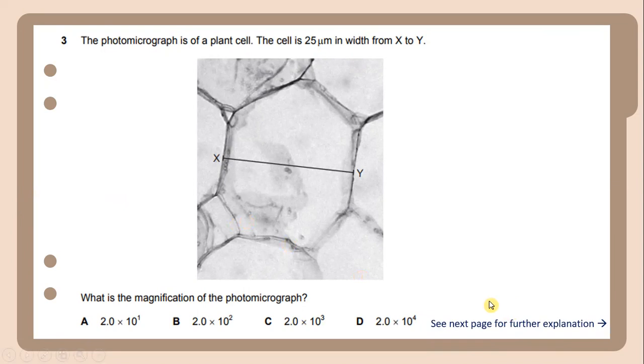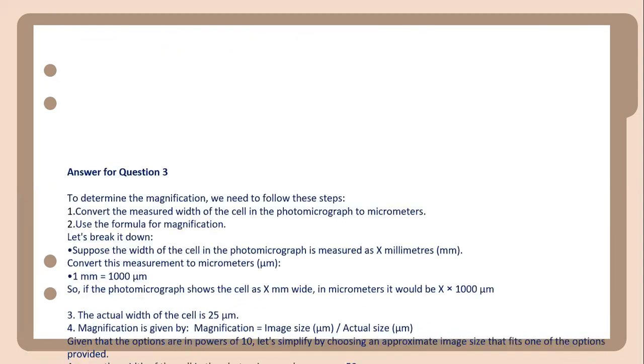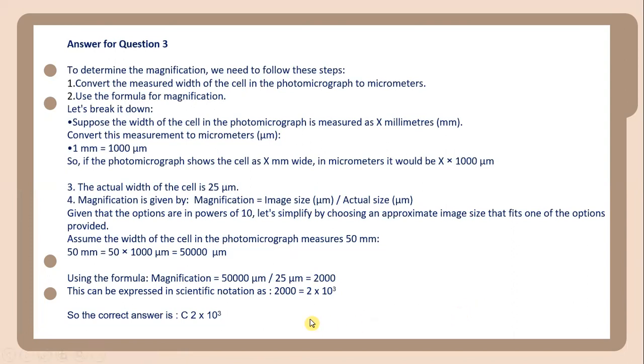To get the answer for this, let's see the next page for further explanation. To determine the magnification, we need to follow these steps. First, we have to convert the measured width of the cell in the photomicrograph to micrometres and use the formula for magnification. Let's break it down.